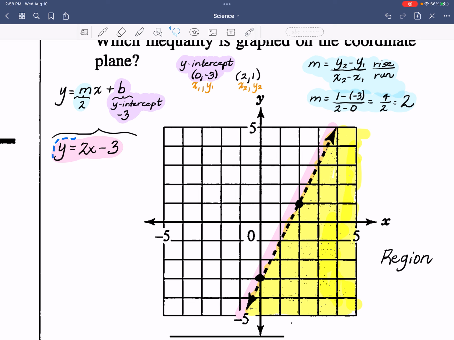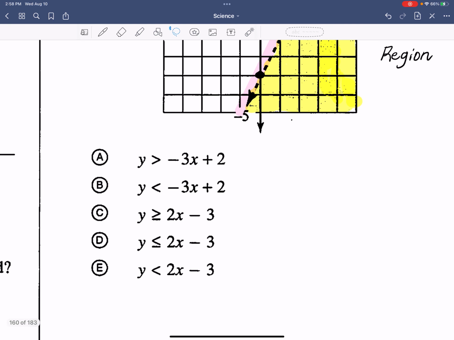I'm going to bring that equation down. Let me just copy it and pull it right down here. Okay. I can eliminate a and b because I'm looking for 2x minus 3. So I'm going to get rid of a and b.